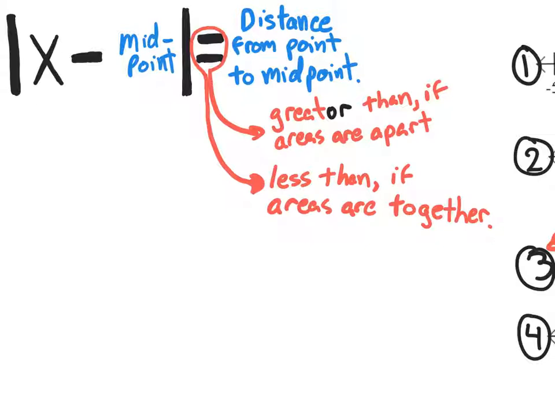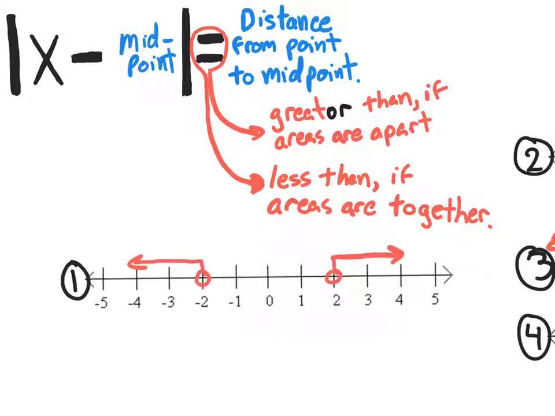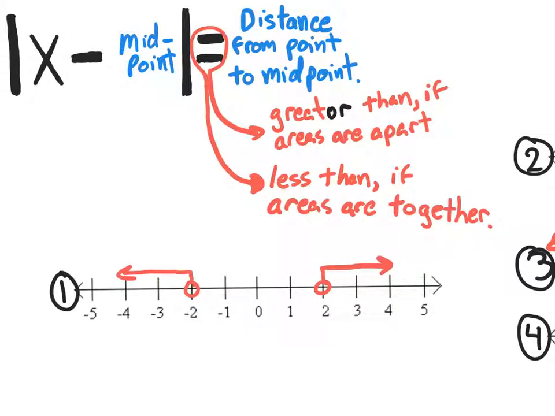So on your worksheet, it's really easy. Why is that? Because you're going to have questions like this. And could somebody tell me the midpoint of that guy? 0, right? So when you set this up, the absolute value of x minus the midpoint, what's the midpoint? 0. Close absolute value. And right here, is it greater than or less than?